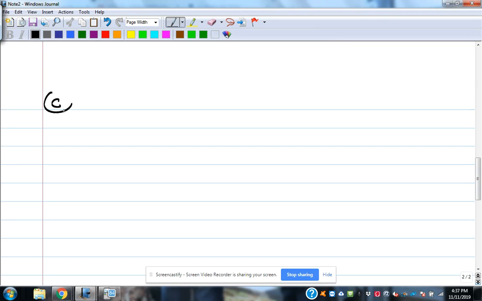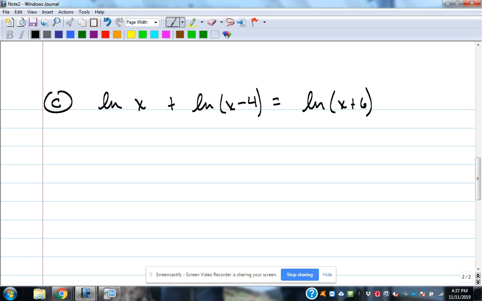Let's look at natural log of x plus the natural log of x minus 4 equals the natural log of x plus 6. So this one has logs on both sides, and on the left side, we've got some logs with addition between them.